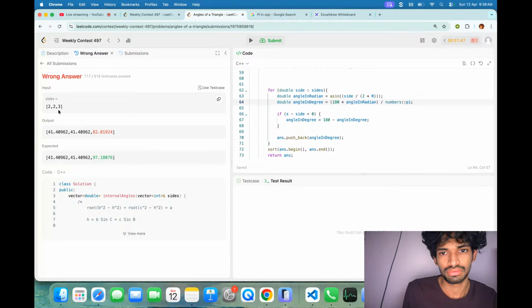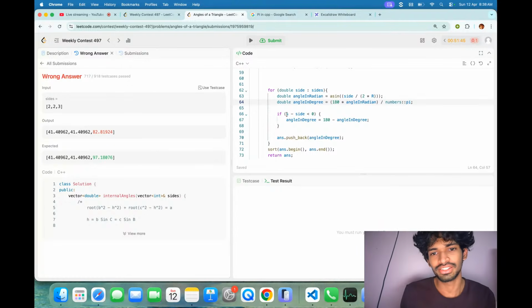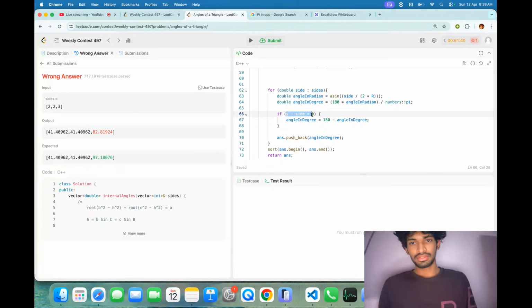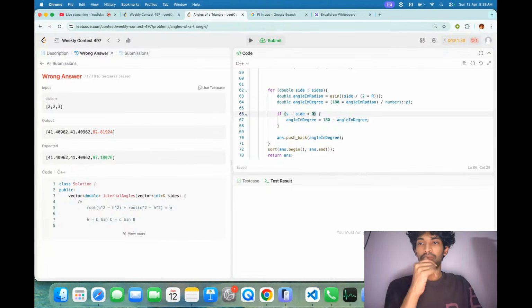So this is not the condition for an obtuse angle. For an obtuse angle, the condition is a square plus b square minus c square, right?